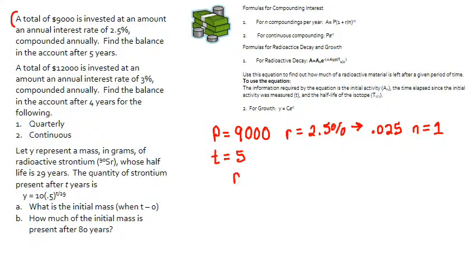So we throw it into the formula here to get the amount. Here's our $9,000, 1 plus the 0.025 over 1. And then 1 times the 5 is 5. And when you get done with your calculator, you'll find out that you now have $10,182.67.